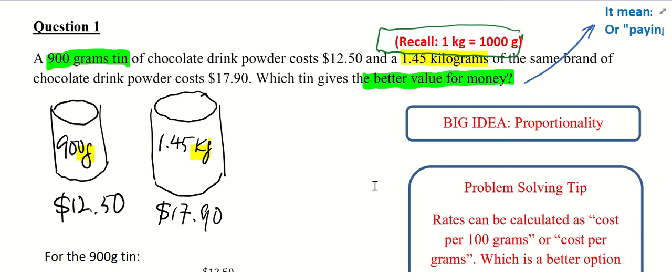So our task now is to find out how much it costs for 1 gram of chocolate milk powder in the smaller can as compared to the larger can. The one that gives a lower cost for every 1 gram of powder gives better value for money. I think the concept should be quite simple for everyone. So let's go ahead and do the mathematics.